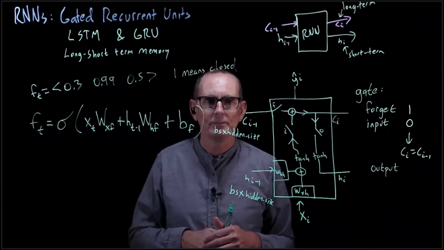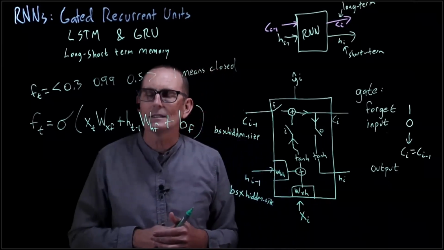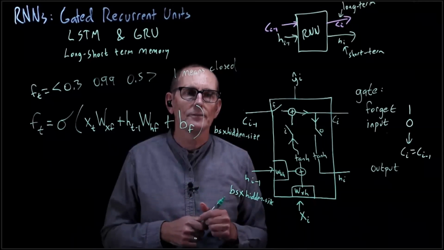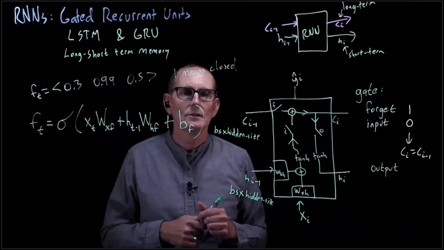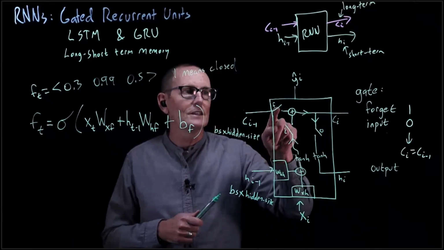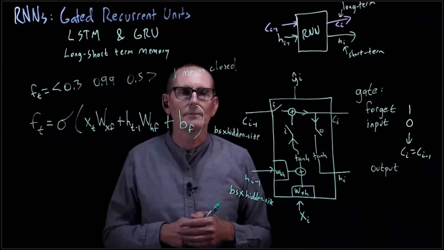So according to the formula, if you have the same x and h in two things, then you should be getting the same amount. If you have the same x and the same h, you'd have the same setting for the forget gate, exactly.